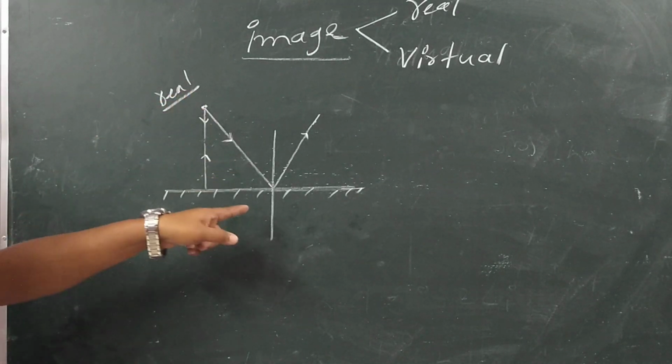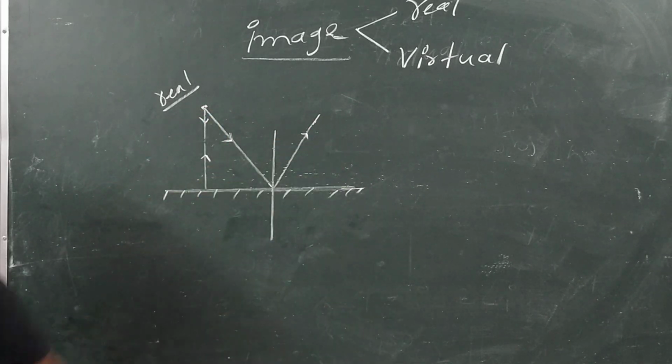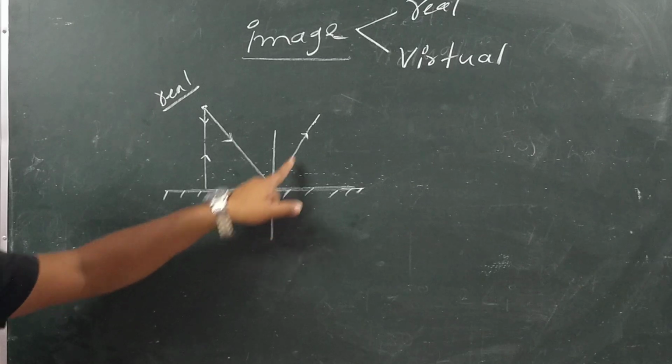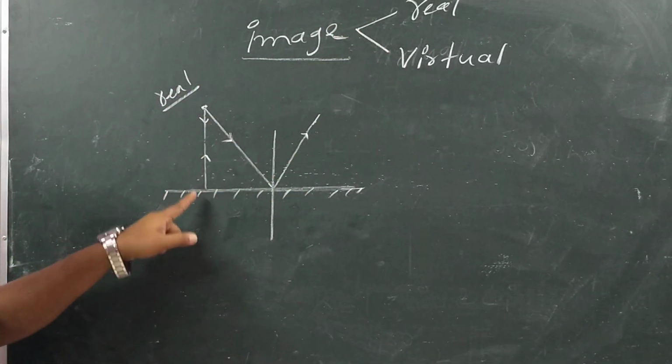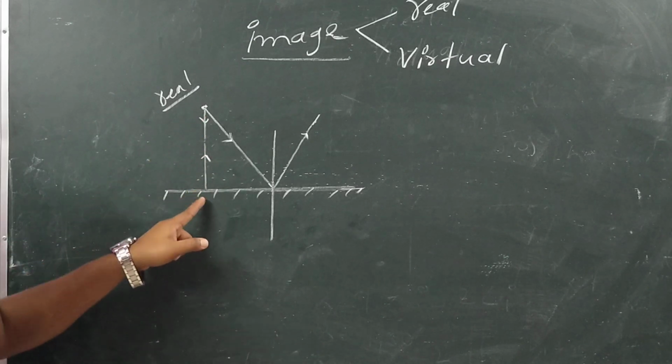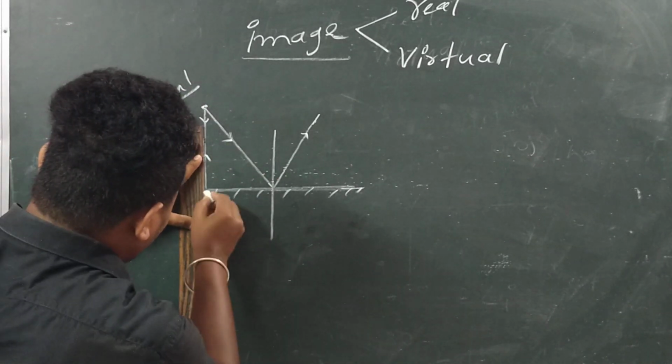Now can you see actual meeting of the reflected rays? In this case, no, because this reflected ray is going this way, and the other reflected ray will bounce back this way. So what will happen in this case?